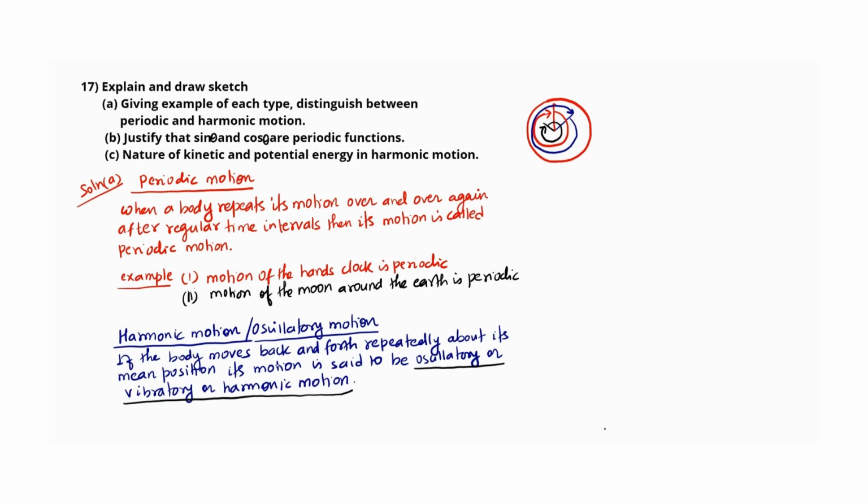Now let us understand what is back and forth. Okay, let's say we have a simple pendulum, and it is at rest. So this is the rest position, or it is also called mean position or equilibrium position.